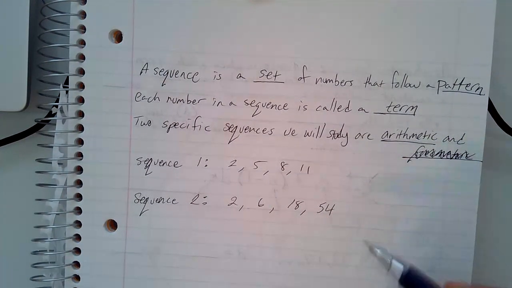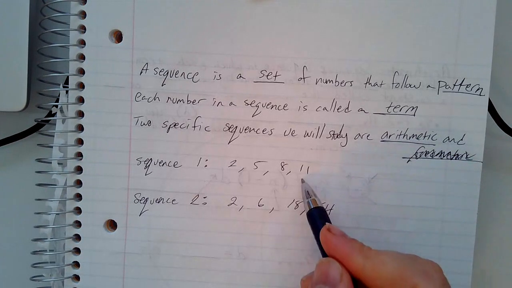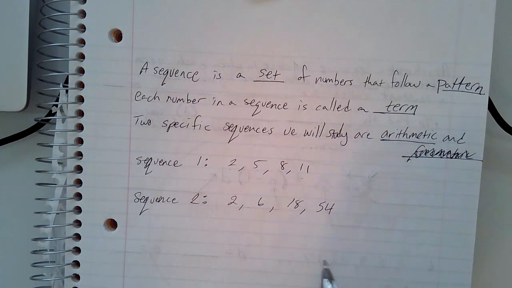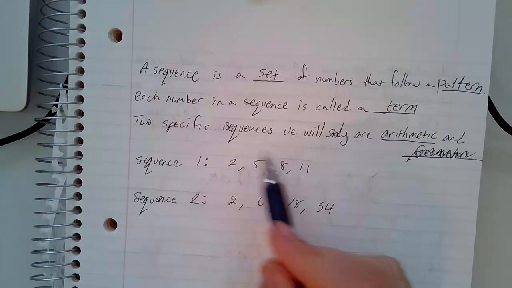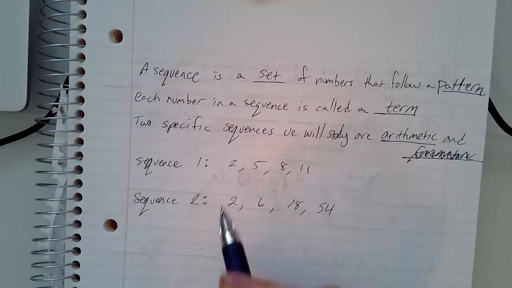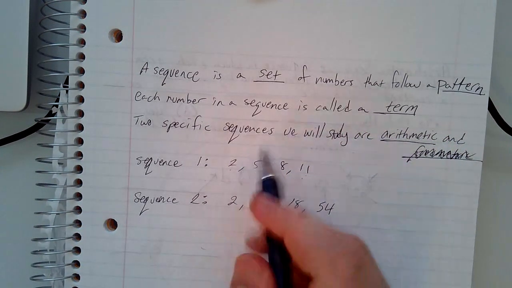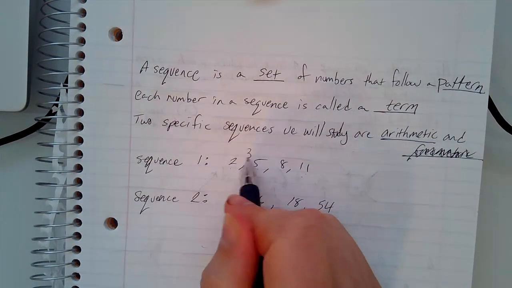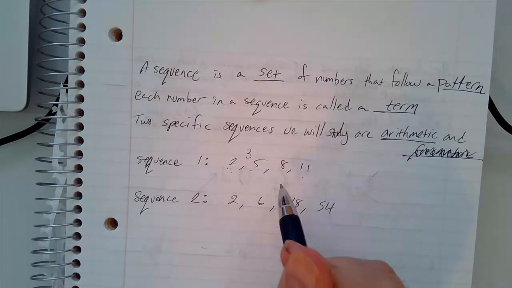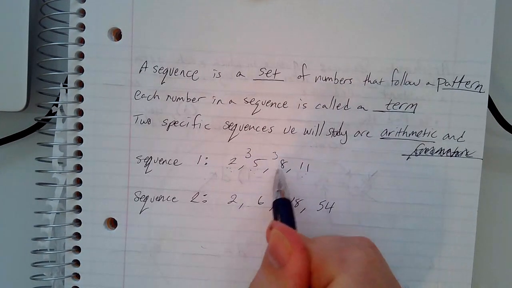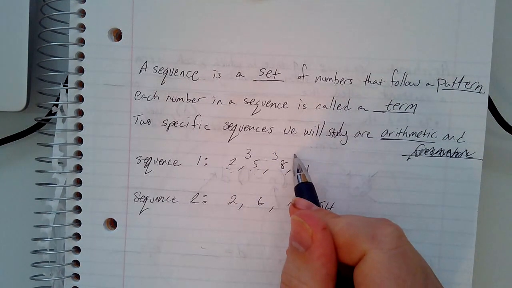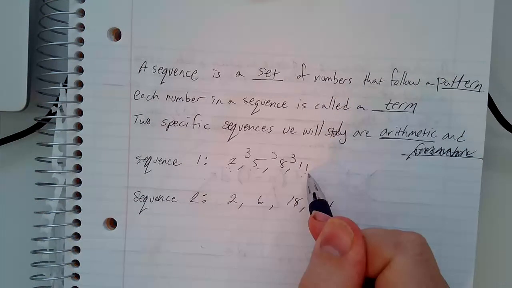Here's an example of an arithmetic and a geometric sequence. This would be arithmetic. Do you see how we're going from 2 to 5 to 8 to 11? What are we skipping by, right? What are we changing each value by? Well, if you do 5 minus 2, you can find that the difference between these two is 3. We're increasing the first term by 3 to get to the second term. We're increasing the second term by 3 to get to the third term. And we're increasing the third term by 3 to get to the fourth term.